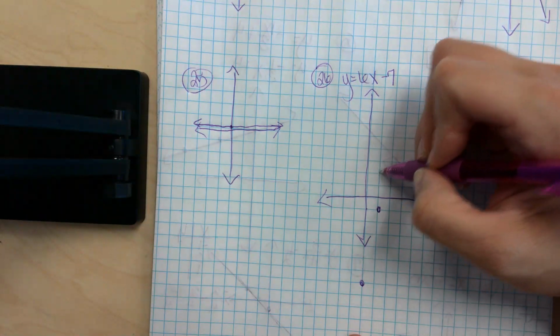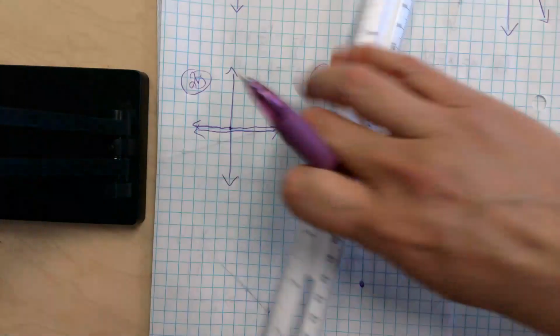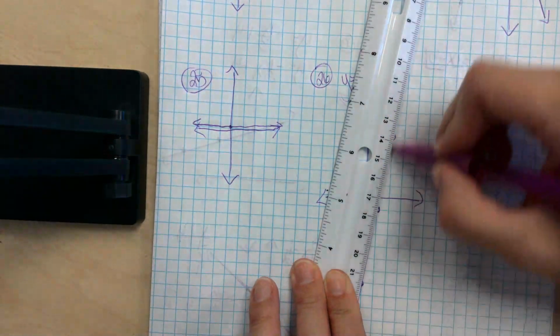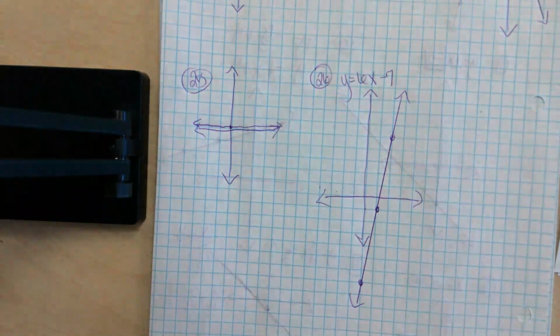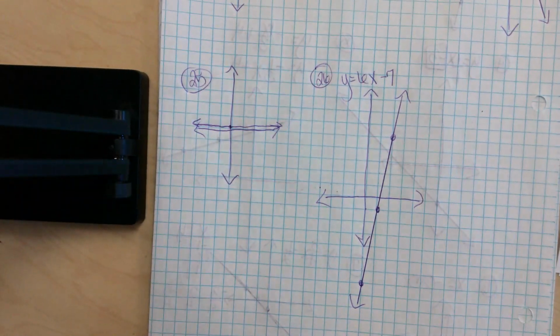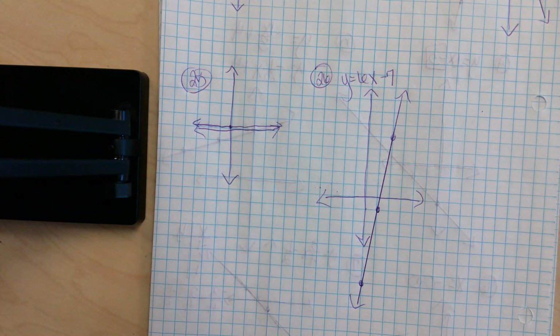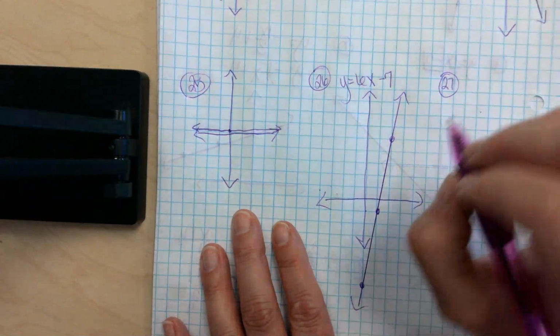Up 6 over 1. And if you look at number 26, this is a positive slope. So does that make sense that it's going up? All right, number 27. And then we're on to the last page.